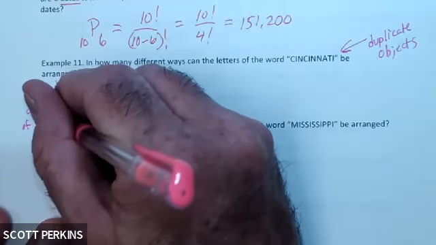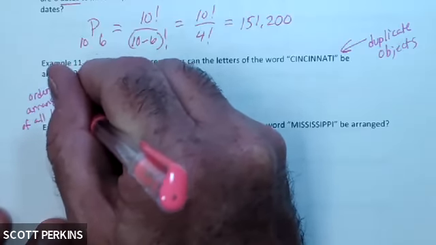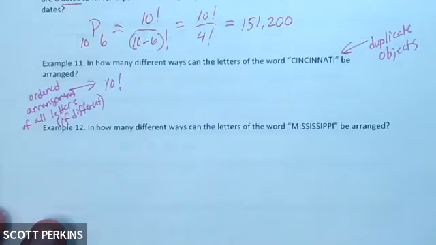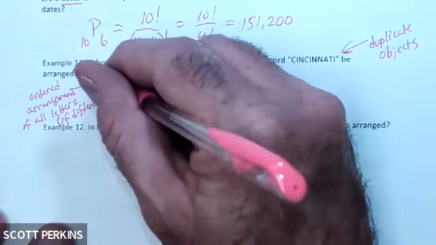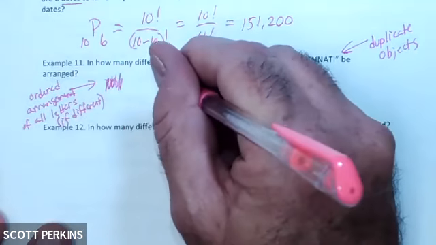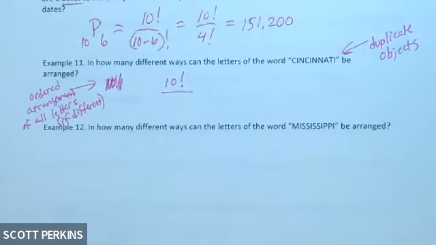I'm going to put that in parentheses, if they were different. I didn't do a good job leaving myself room, so I'm going to scribble out the 10 factorial and move it over here. Sorry, I don't mean to be messy.